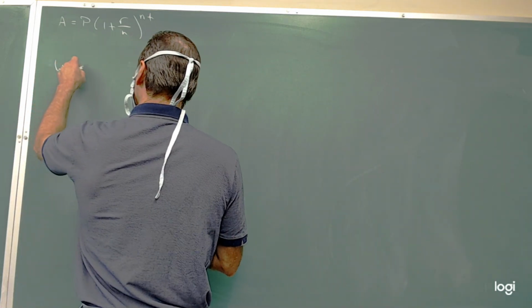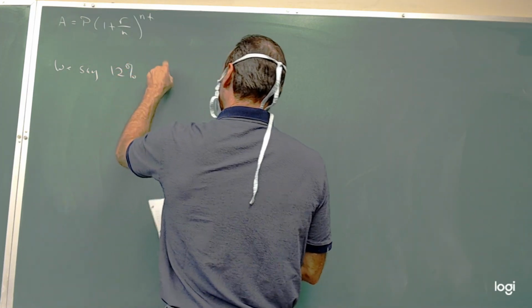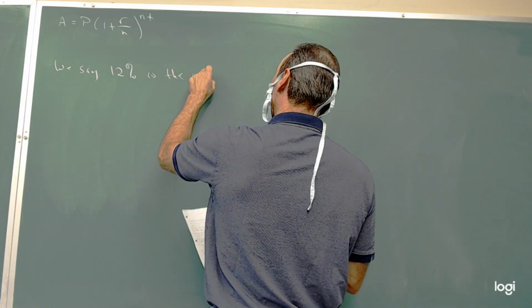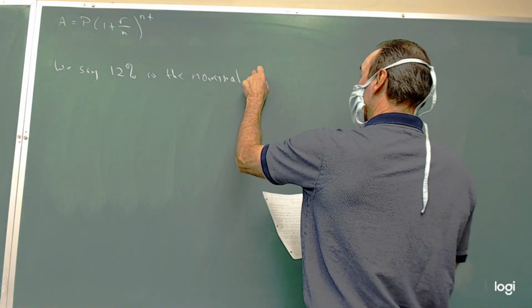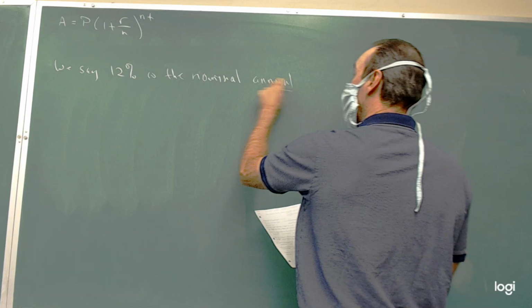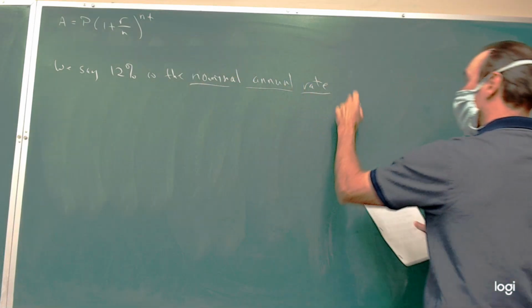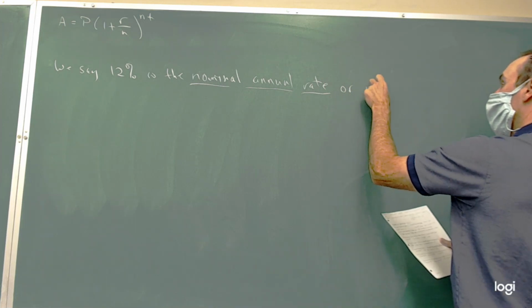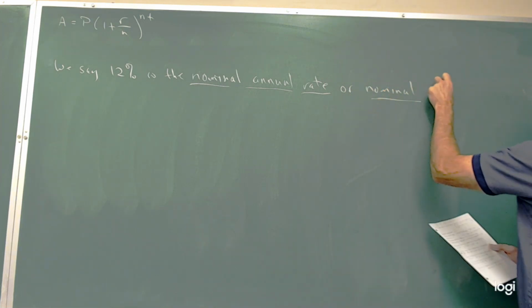So we say 12% is the nominal annual rate, or sometimes we just call it the nominal rate and understand that we mean that's per year.